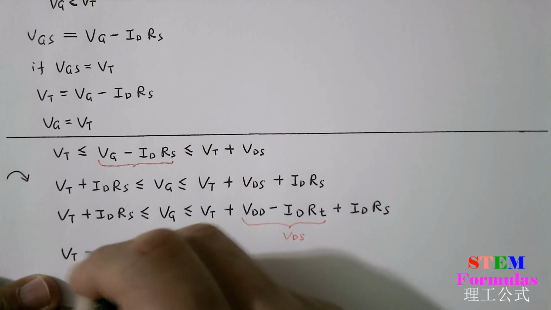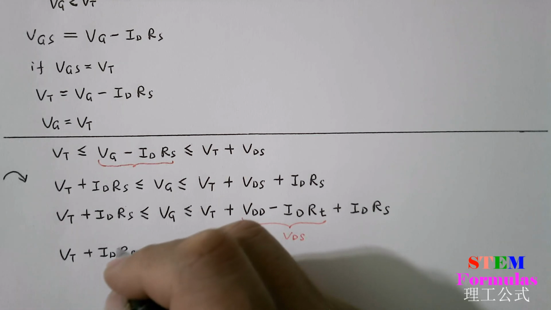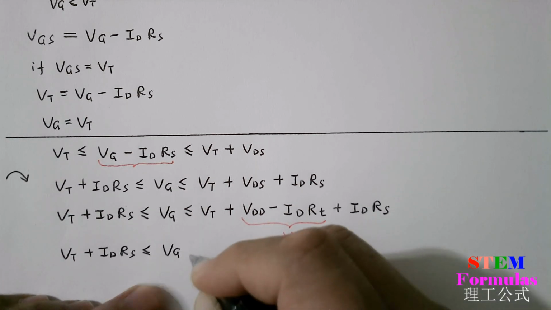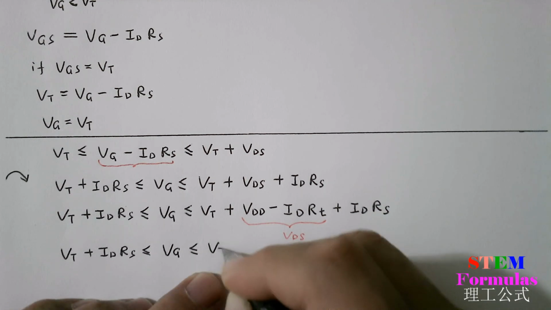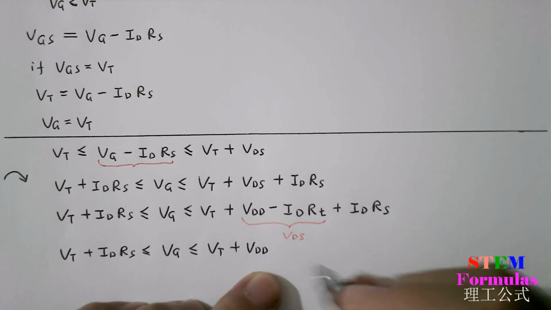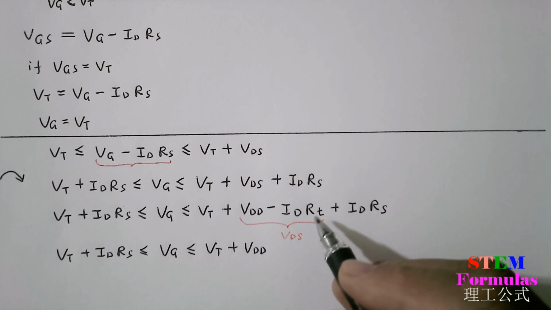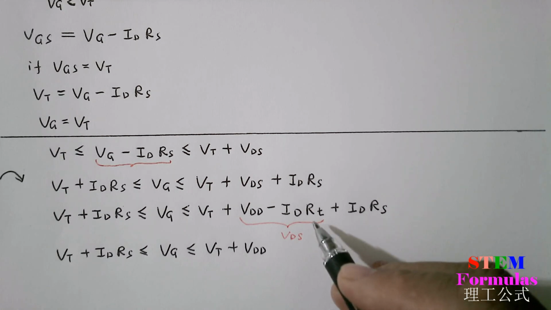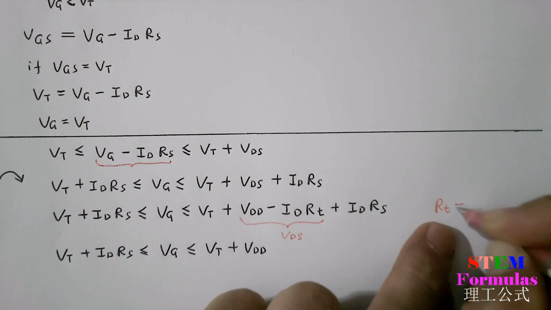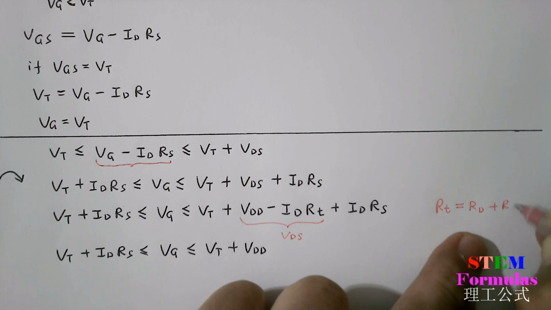So I can write further: VT plus ID RS smaller or equal to VG, smaller or equal to VT plus VDD minus ID RT plus ID RS. And RT, by definition, equals RD plus RS.